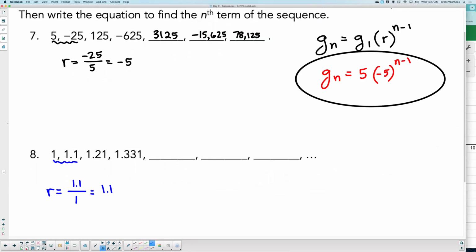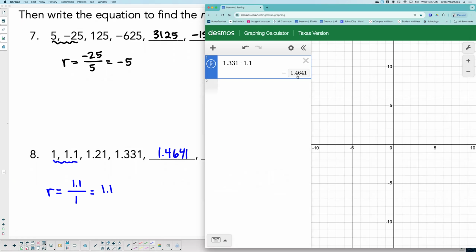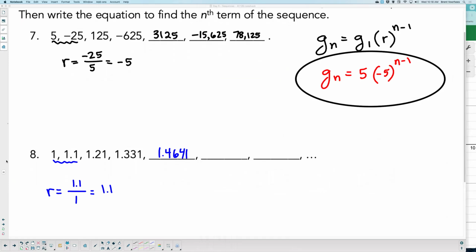1.4641. Goodness, I'm already forgetting. 1.4641. Good. And then we times it by 1.1 again. 1.61051.